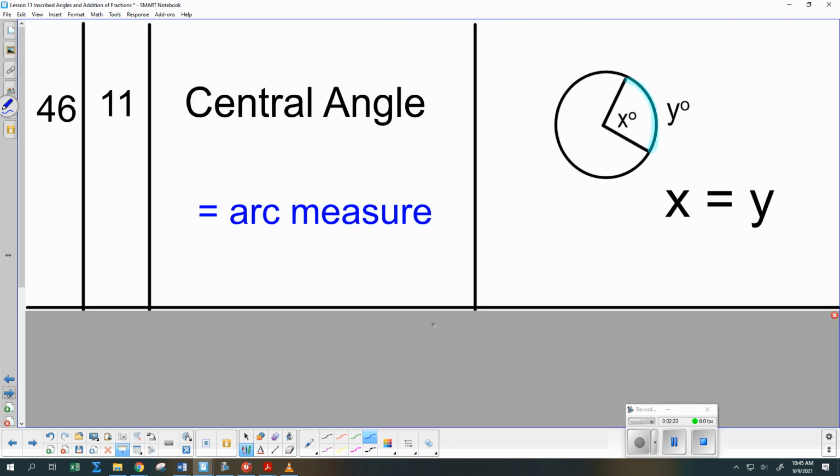So when we have a central angle, we could pull out a protractor, except we never really actually do that, and we could measure how big this angle is.